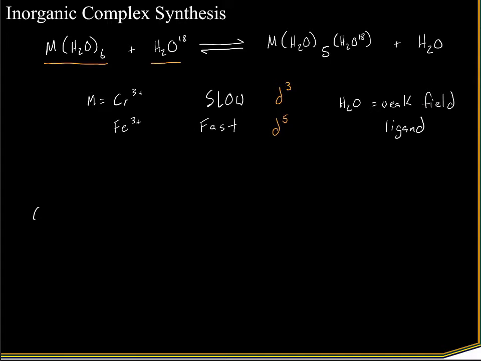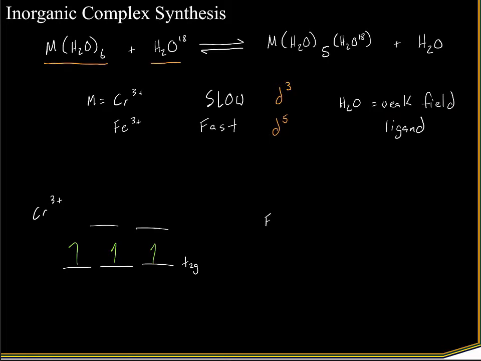So if we think about our chromium 3 plus case, and we're going to fill in our ligand field, let's choose a nice bright green for our electrons here. There is no high and low spin configuration for our D3 metal. And we can see that all three of these electrons are sitting in our T2G orbital set.